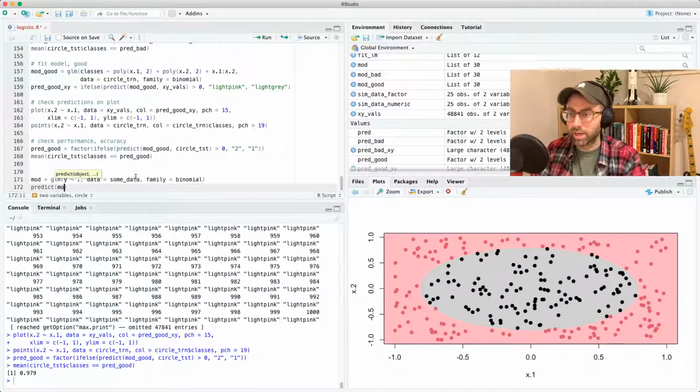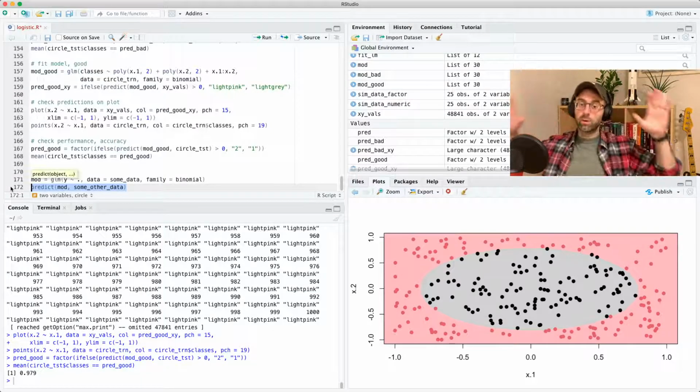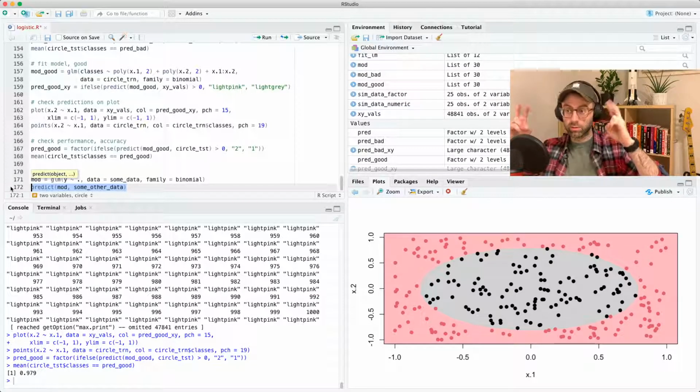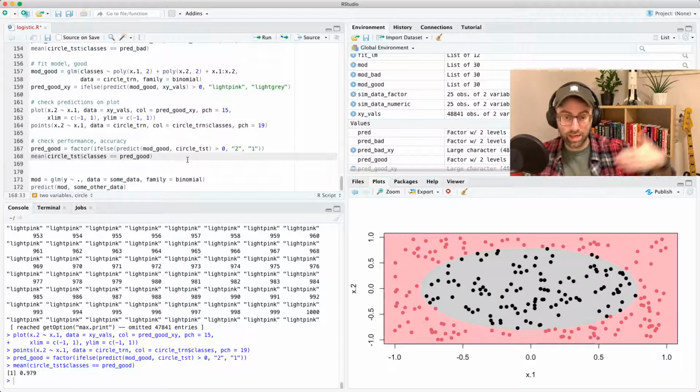When you say predict(mod, some other data), what this does is it only focuses on quote unquote y equals 1, right? So whatever the second level is in the factor variable that is the response.